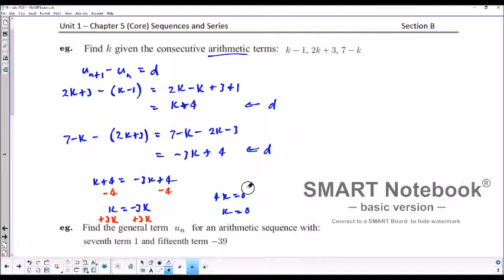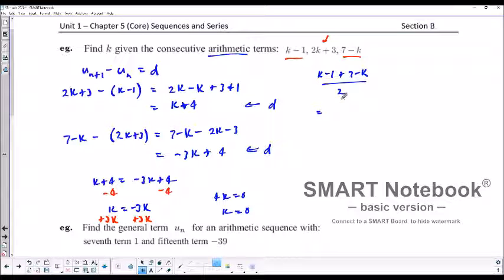So since that's the case, just to double check this also, before we mentioned that the average of the first and third terms would equal the second term of 3 consecutive terms. So let's try that. Let's go through k minus 1 plus 7 minus k divided by 2.